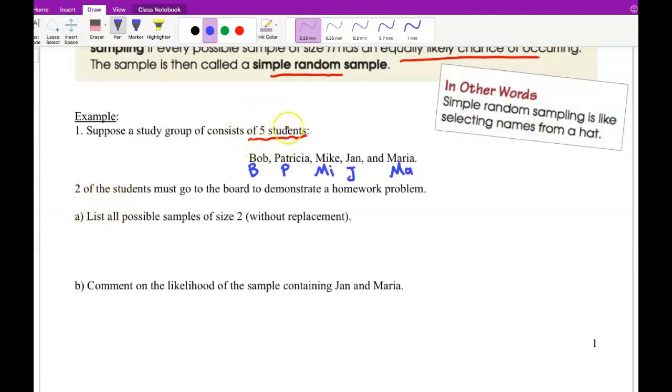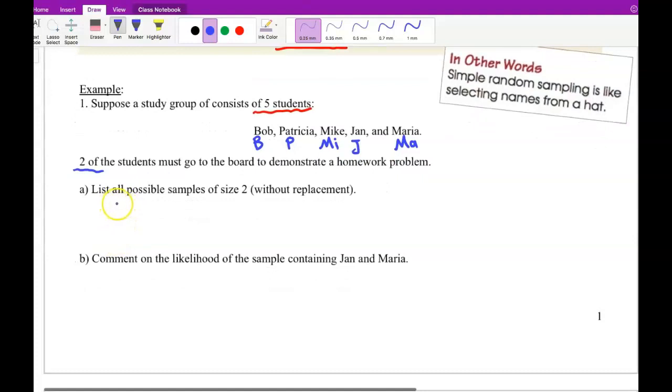So we can say that is our population, because in total we have 5 students, and we're going to select 2 of these students as a sample to go to the board and demonstrate the homework problem.